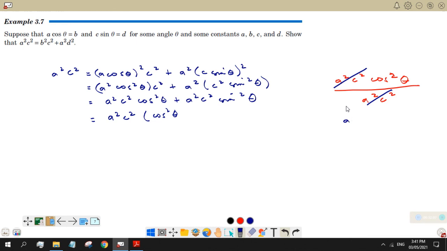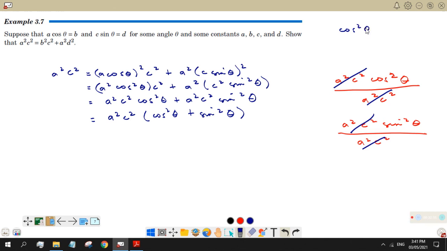We have A squared, C squared, sine squared theta. Ilabas natin si A squared, C squared. Ano na lang ang matitira? Sine squared na lang. So, dito plus sine squared theta. What do we know about cosine squared plus sine squared theta?